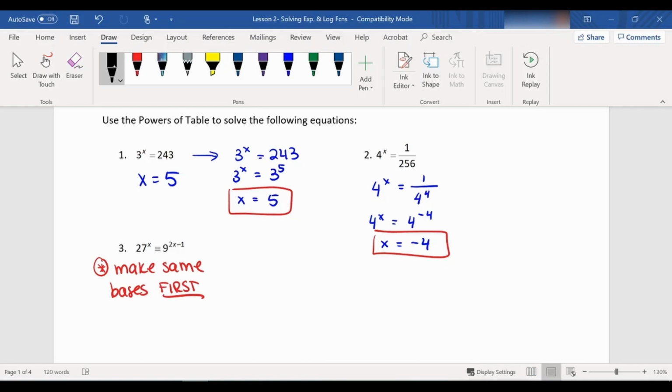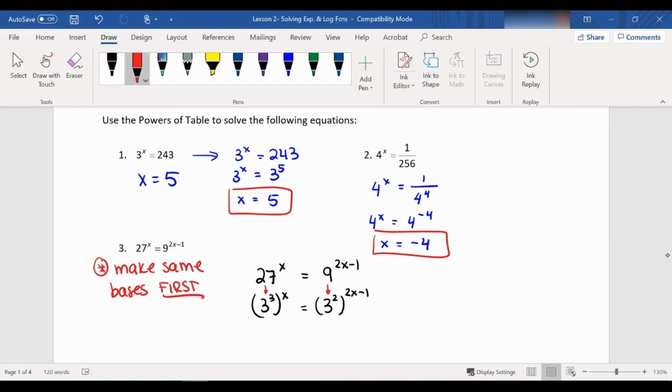So 27 could be rewritten as 3 cubed. So instead of being 27 to the power of x, I could have 3 cubed to the power of x. And on the other side, we have 9 to the 2x minus 1. Instead of a 9, I could rewrite this as 3 squared to the 2x minus 1. So the 27 has been replaced with a 3 cubed, and the 9 has been replaced with a 3 squared.